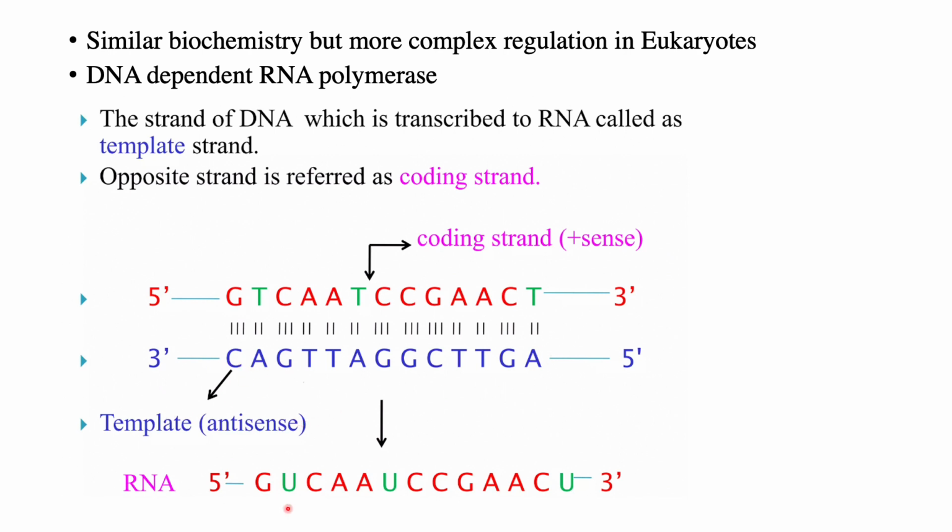So C, G, and in place of thymine, T nucleotide, the RNA molecule has a uracil. So the complementary base of A is T, but in the RNA we have U. So here G, C, the complementary of T is A, and so on.